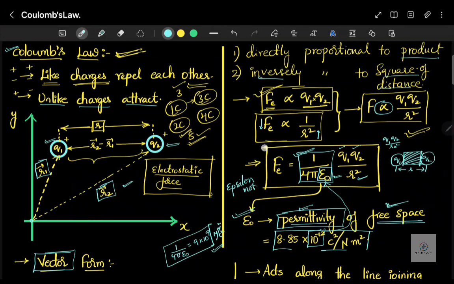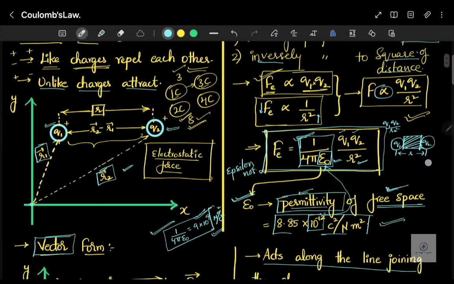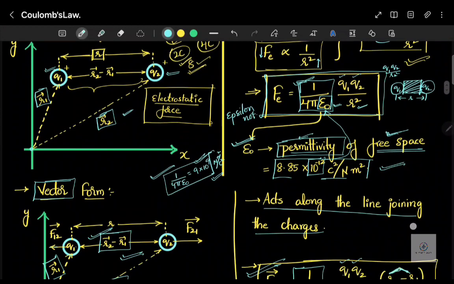And what is the formula? Fe is equal to 1 by 4 pi epsilon naught q1 q2 by r square, where epsilon naught is permittivity of free space. What is that permittivity value? 8.85 into 10 power minus 12 Coulomb square per Newton meter square. What is the value of that 1 by 4 pi epsilon naught? It is equal to 9 into 10 to the power of 9 Newton meter square per Coulomb square.